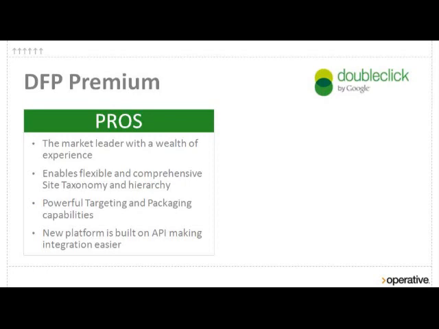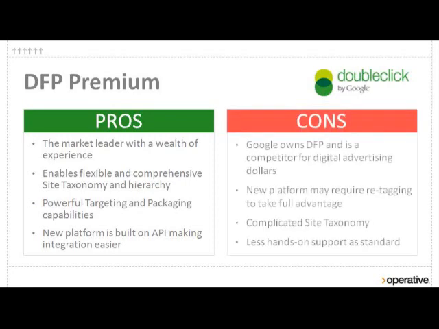The new ones are even better and have a lot more scale to them, and make it very easy for publishers to integrate with the platform for a variety of different reasons, whether it's an order management system like Operative One, or whether it's for yield management purposes, or whether it's just for creating an internal business intelligence data store. The APIs can do all of that for you.